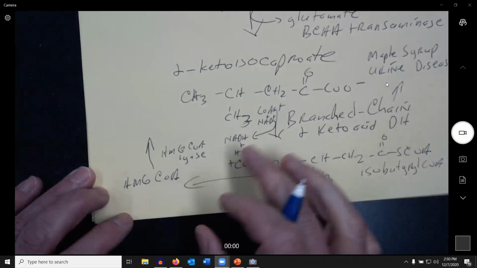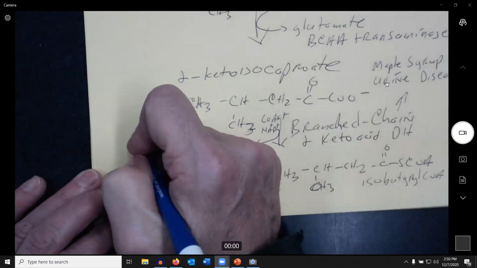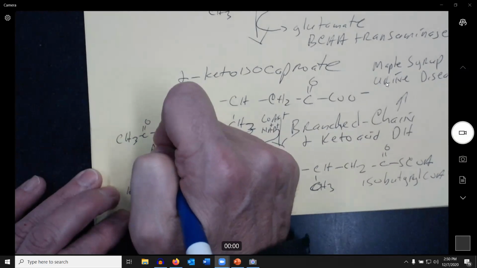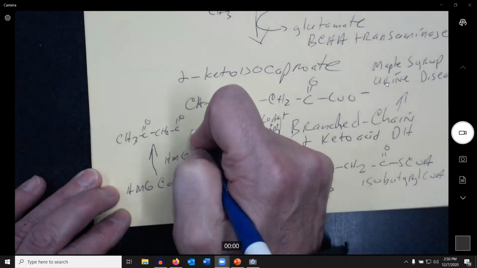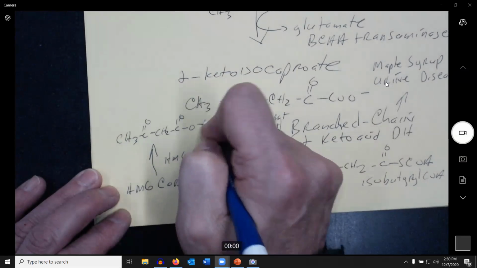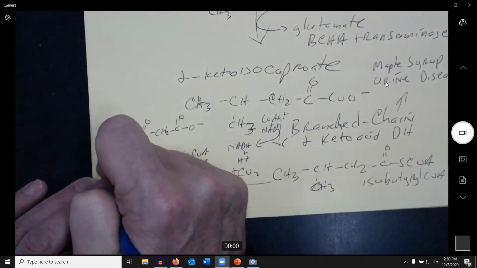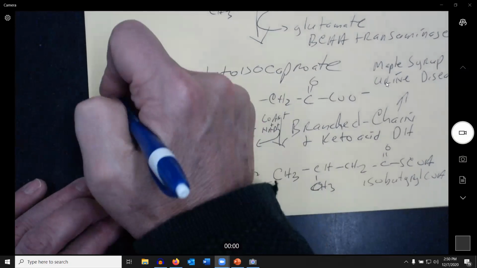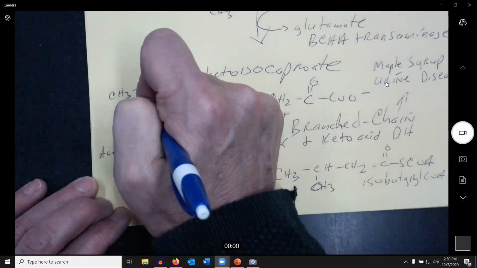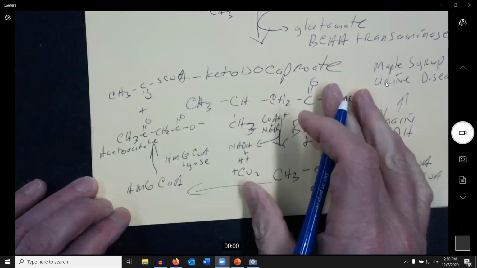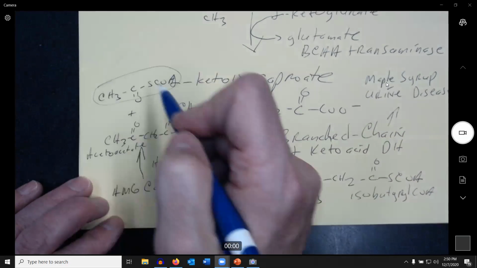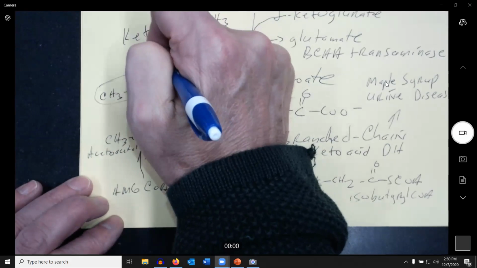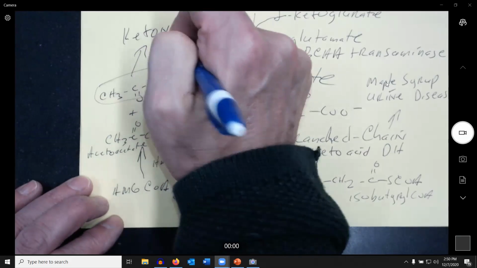And that HMG CoA lyase is going to give you acetoacetate plus acetyl coenzyme A. So there's some coenzyme A that can contribute to the formation of ketone bodies, but it's not a lot.